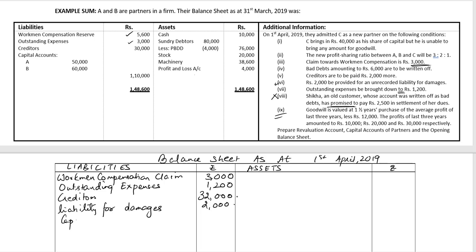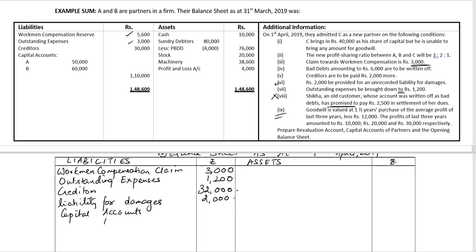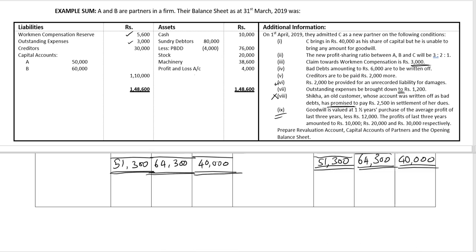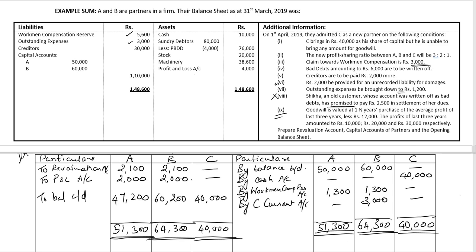Let's insert the capital balances of the partners. Capital accounts. We have A, B, and C. Let's check out the capital balances from the partners' capital account.